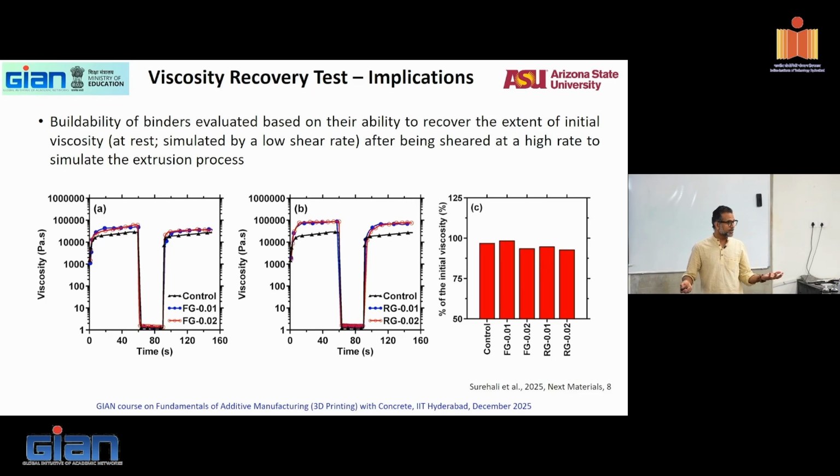You have a shear thinning material, so at high shear rates the viscosity is very low. It's just flowing nicely. And then you put it at rest, and the viscosity is recovered. So most of it is recovered. You see that? You had about 95% of the viscosity. Notice that this is a logarithmic axis, but you have 95% of your viscosity recovered. That's a reasonably good one.